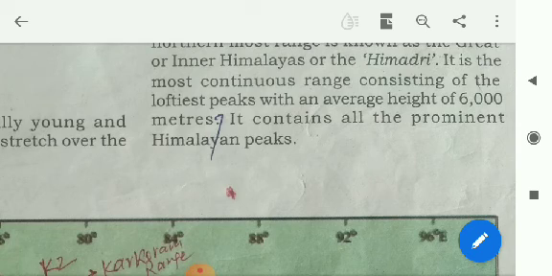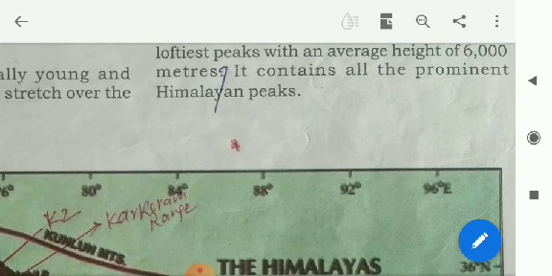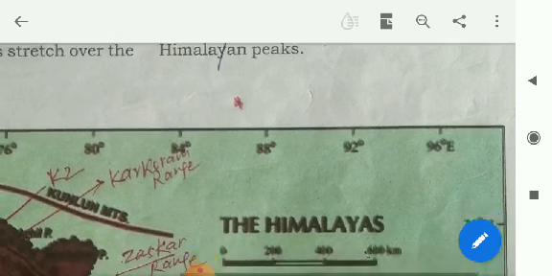It is the most continuous range consisting of the loftiest peaks with an average height of 6,000 meters. It contains all the prominent Himalayan peaks.